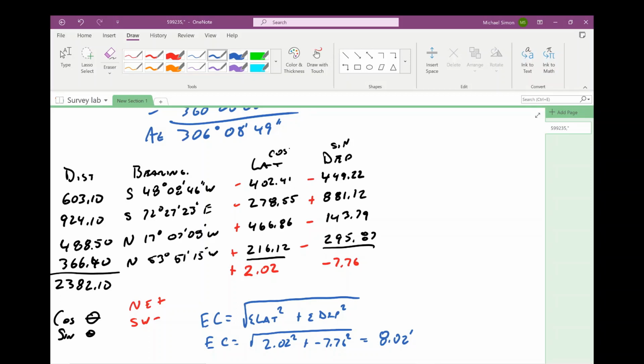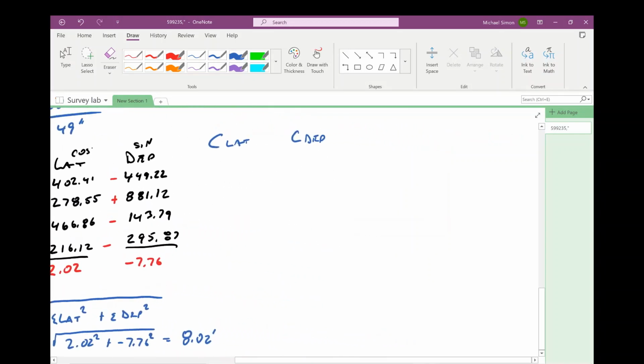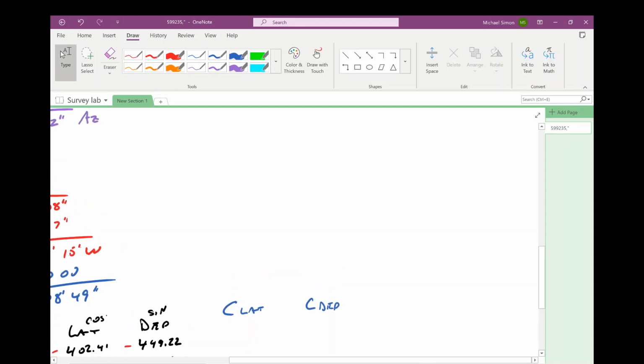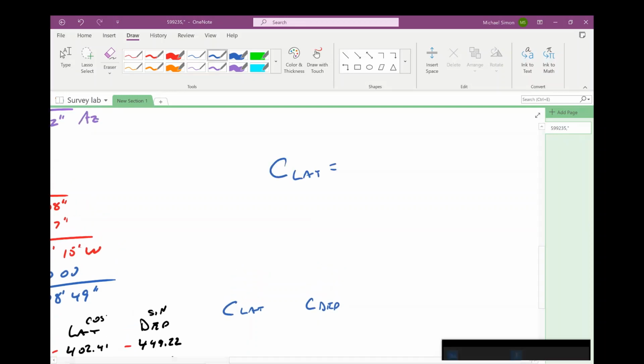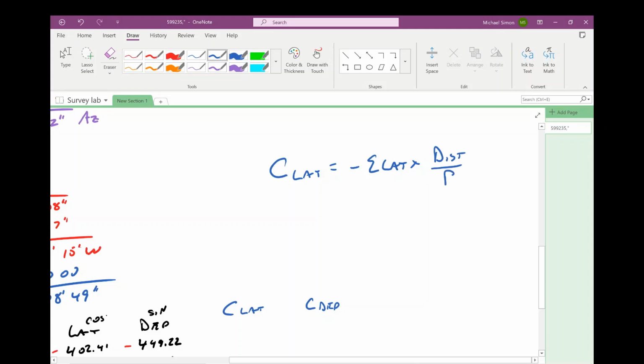All right, so let's take a look at our CLATs and CDEPs now. The correction in your latitude, we take as the negative sum of the latitudes times the distance over the perimeter.